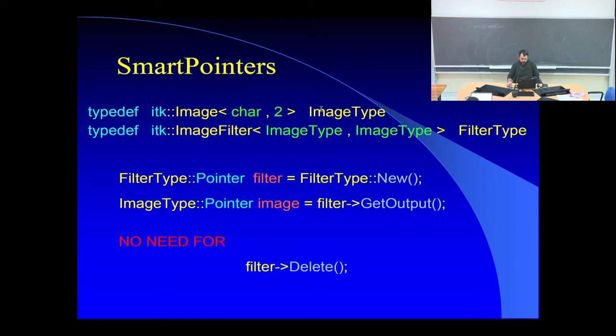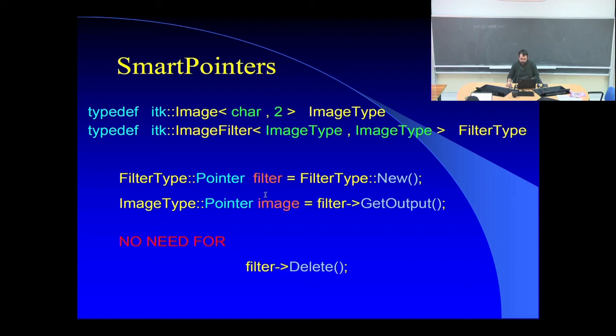So this is what it explains here. For instance, you have image type, filter type, and you create the filter. You need to create a filter before using it. Does it make sense? I need to create the image. And I can do things like this. Whatever comes out from the filter, this is a very typical way to use the filters. I get the output of the filter, and I put that in this variable image.